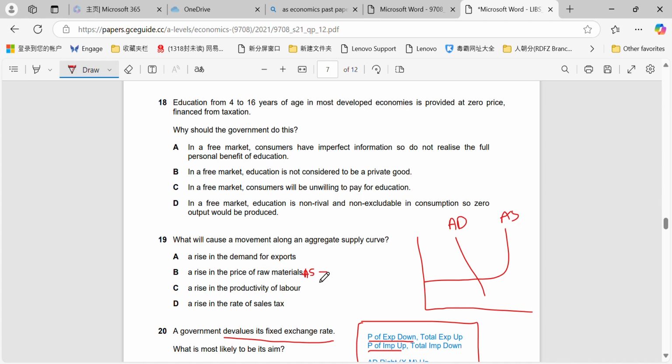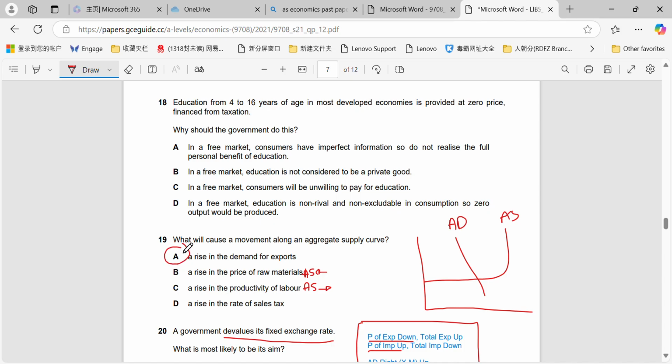It will cause aggregate supply to go to the left and cause cost push inflation. Rise in the productivity of labour will cause aggregate supply to shift to the right. A rise in the rate of sales tax also will not affect a movement along the aggregate supply curve.